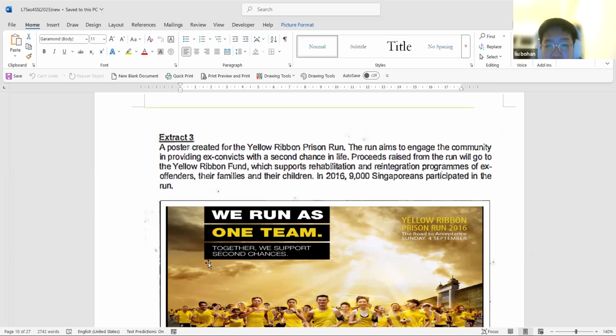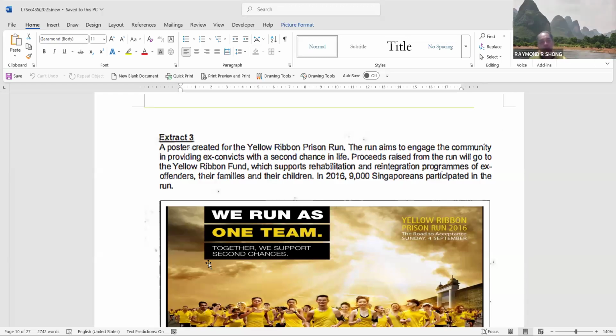The run aims to encourage the community in providing ex-convicts with a second chance in life. Proceeds raised from the run will go to the Yellow Ribbon Fund, which supports rehabilitation and reintegration programs for ex-offenders, their families, and their children. In 2016, 9,000 Singaporeans participated in the run.